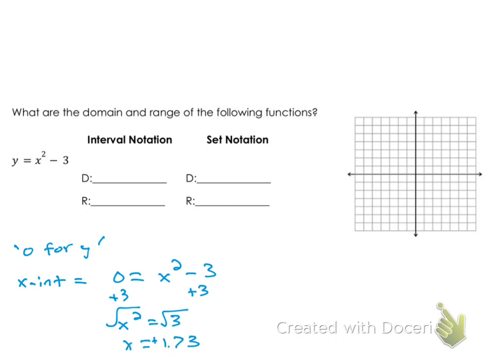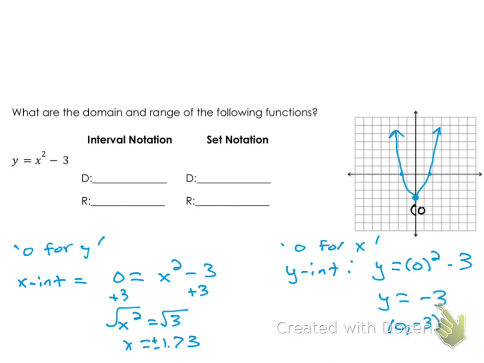Our graph will be at 0, negative 3, 1.750, negative 1.750. Okay. Make sure we get this graph down. All right, the key points there. That's just so you have that graph up there.